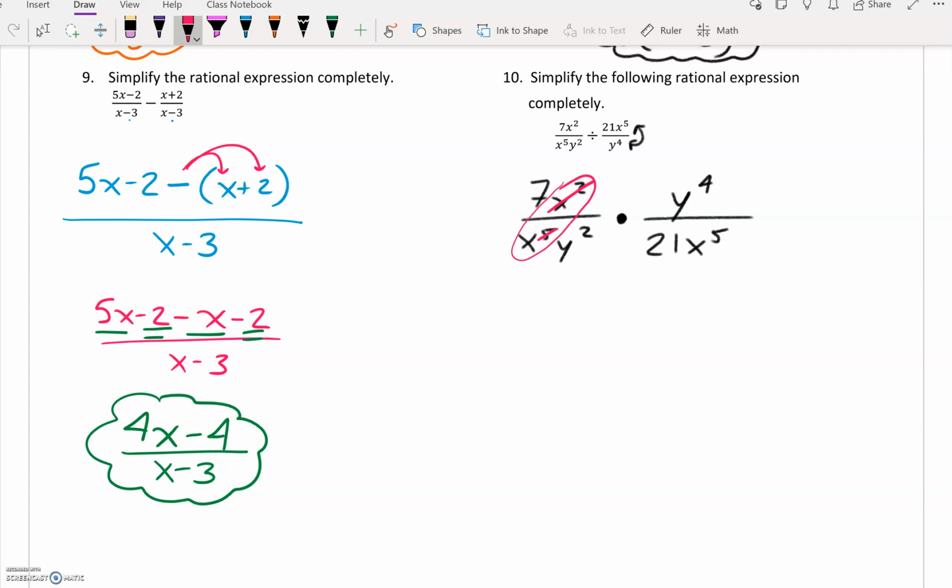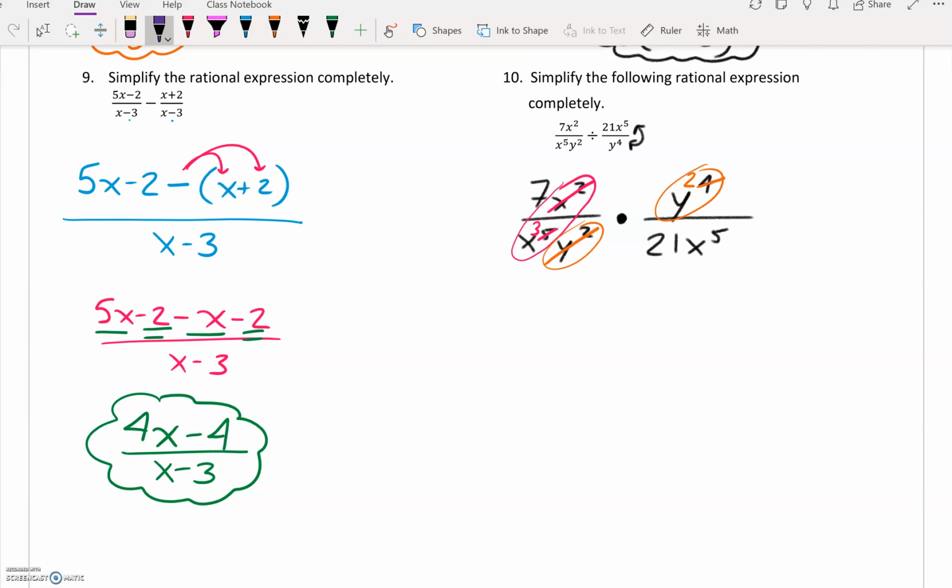But if I had 5 on bottom and I only get to simplify 2, I am left with x to the 3rd power here. The next thing I notice is on this diagonal, I've got y squared and y to the 4th. Again, 2 of those y's will get to cancel out, but if I'm only canceling out 2, I'll still have 2 left over on top.